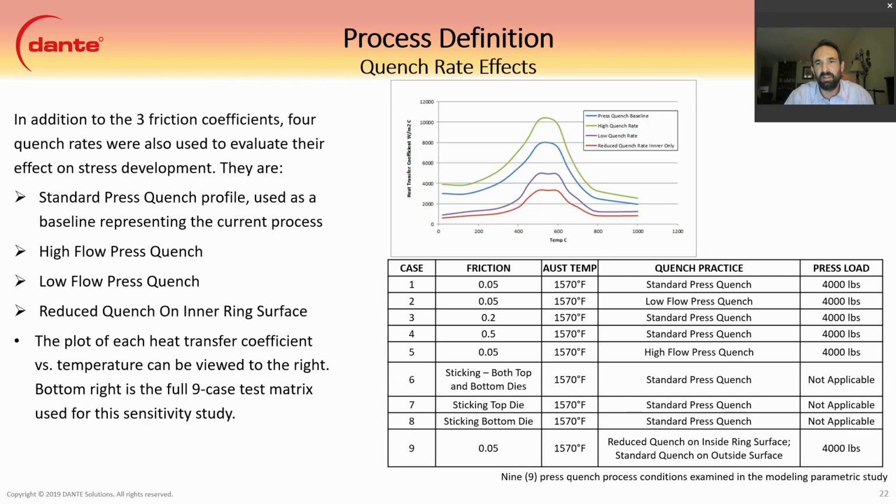You can see the table in the bottom right shows all our conditions. So we looked at the four different quench rates with friction coefficients of 0.05. We then used a standard flow rate and looked at the three different friction coefficients as well as the three sticking conditions.